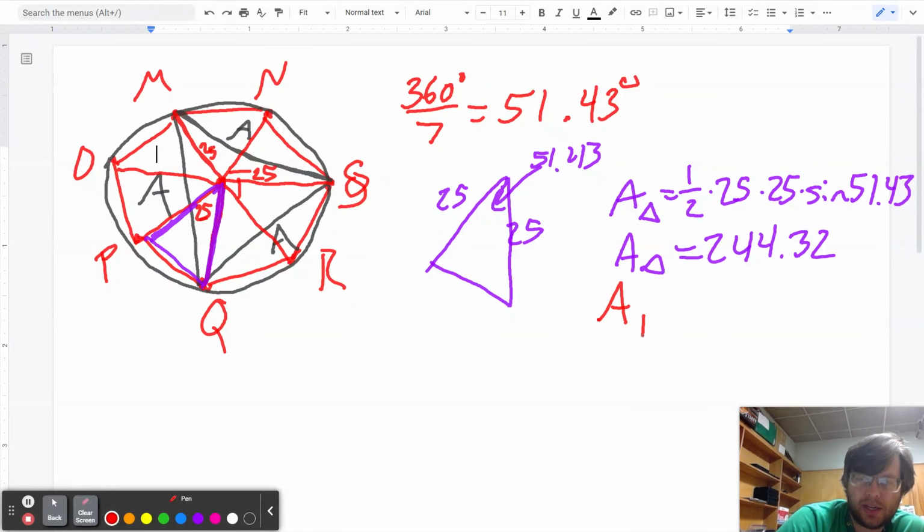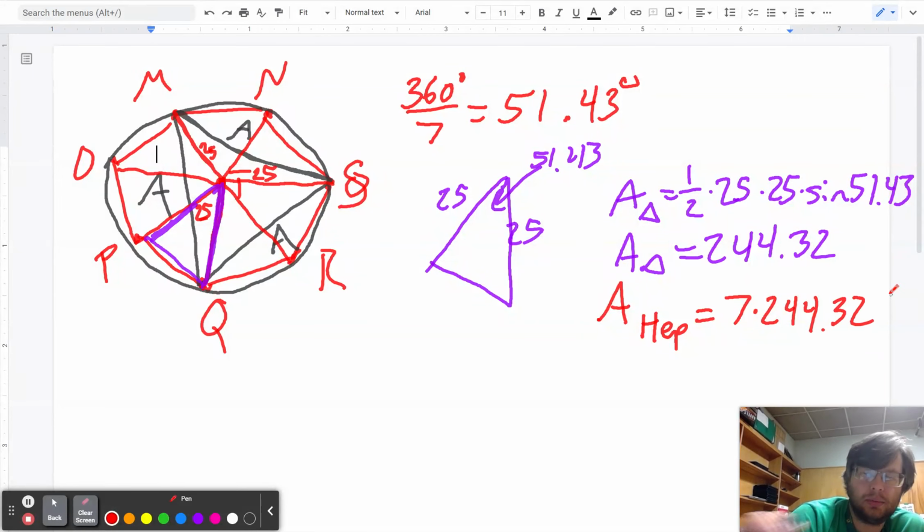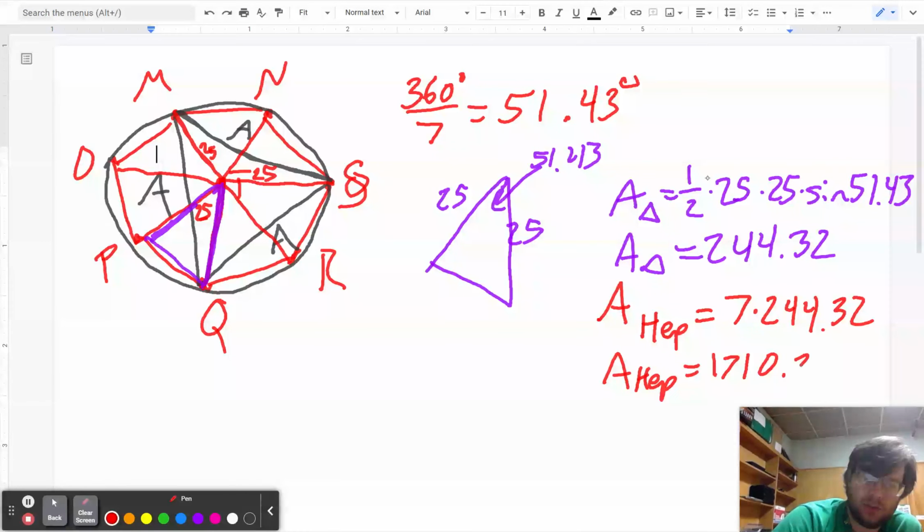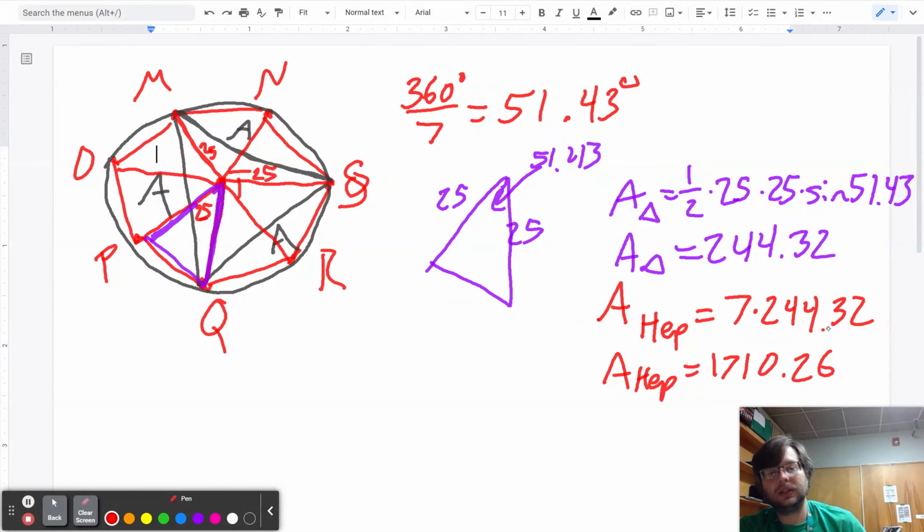So the area of the heptagon is 7 multiplied by 244.32. So that comes out to be 1710.26. Okay, great.